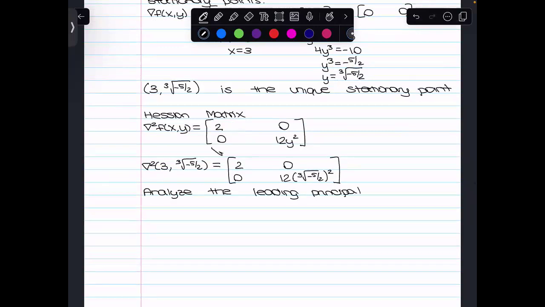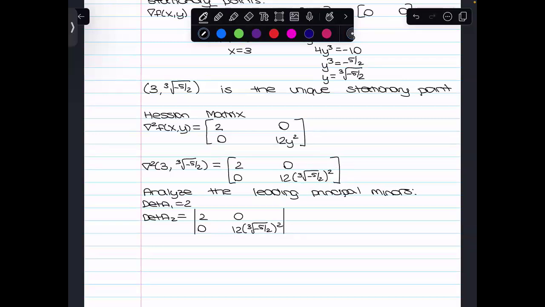So in the northwest corner, the first determinant you have is 2. So we can call this determinant A1. And then the next determinant we can get is all of this, so the whole thing. We only care about the sign, so we don't necessarily need to simplify this all that much, because in this case, it works out pretty nicely in a sense that you can see that when you square this, it becomes positive.